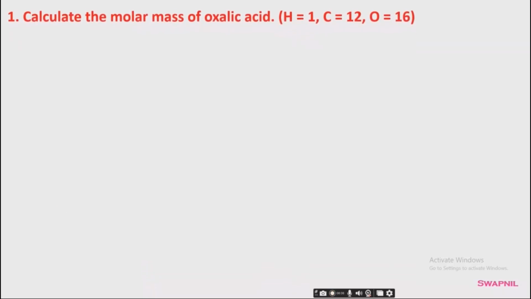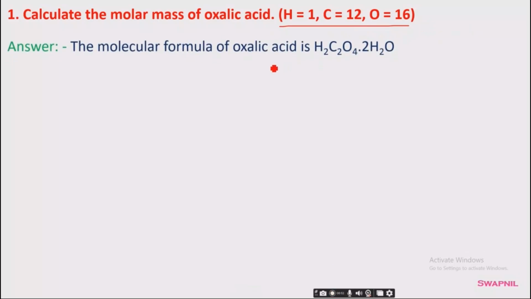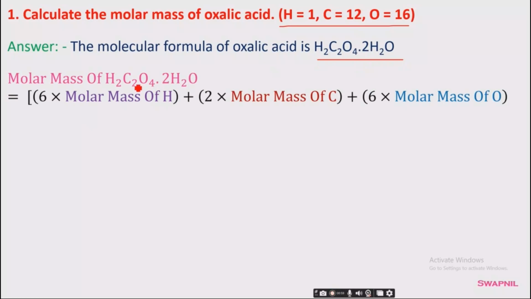question. So first question is calculate the molar mass of oxalic acid, and given that molar mass of H atom is equal to 1, molar mass of carbon atom is equal to 12, and molar mass of oxygen atom is equal to 16. This value you very well know. So answer, the molecular formula of oxalic acid is H2C2O4·2H2O. So molar mass of oxalic acid is equal to 6 into molar mass of H atom plus 2 into molar mass of carbon atom plus 6 into molar mass of oxygen atom.